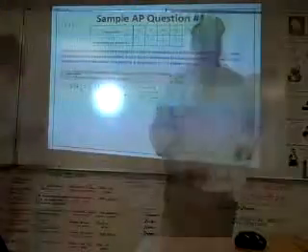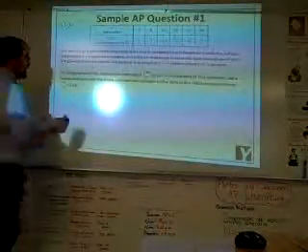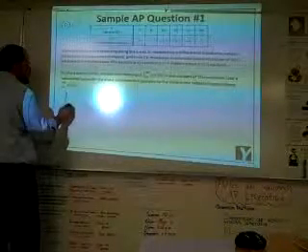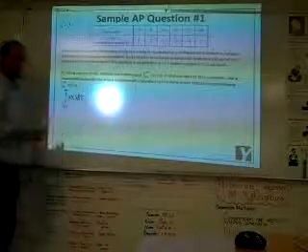On to part B. In part B, we're being asked to, using correct units, explain the meaning of this integral from 20 to 40 of v of t dt.